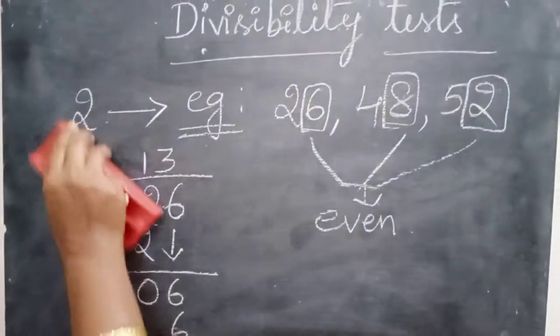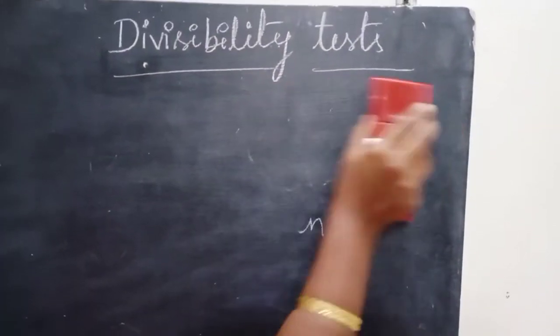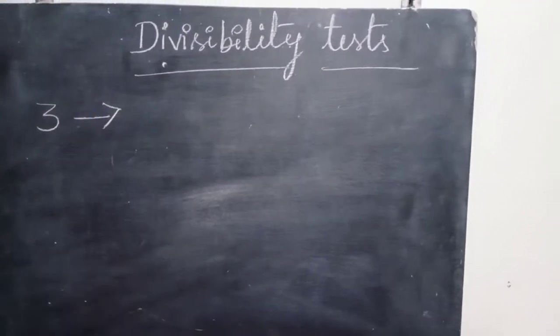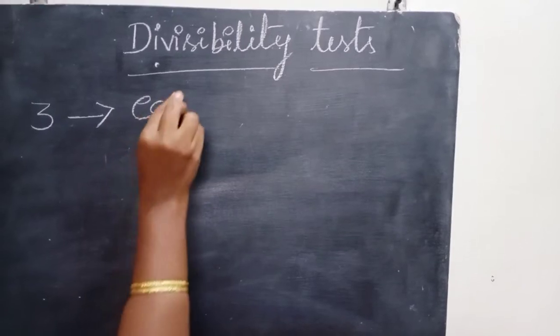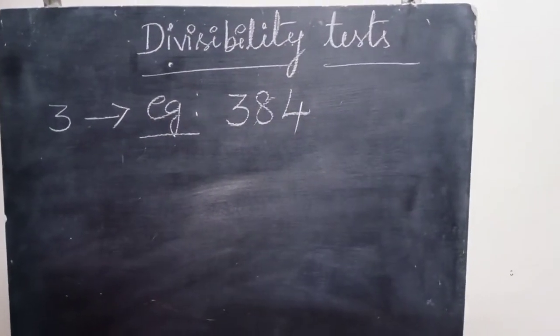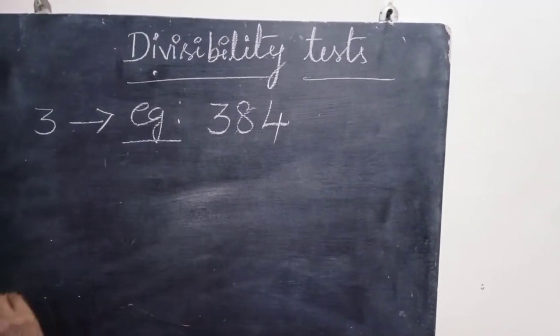Now, for 3, example 384. What did I say? The rule for 3 is the sum of the digits.